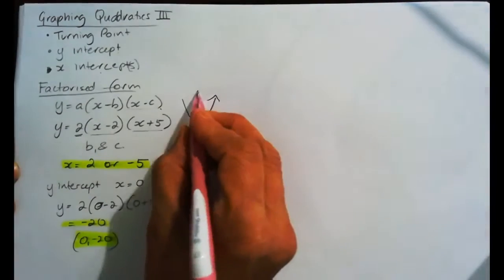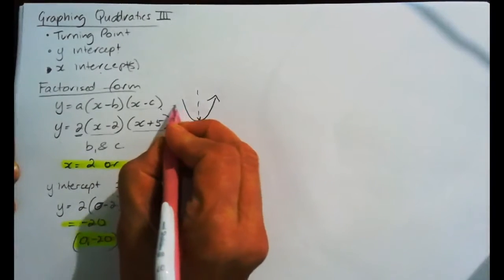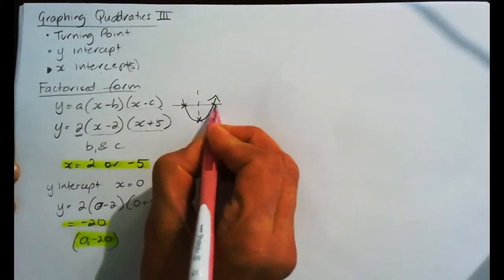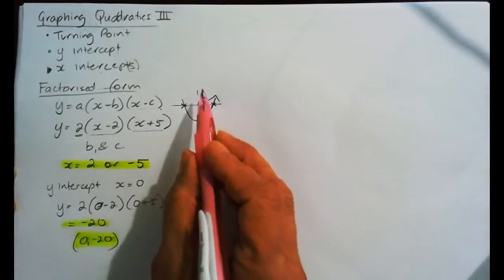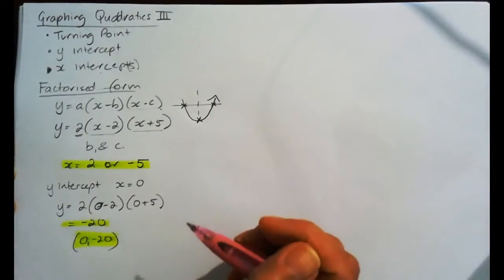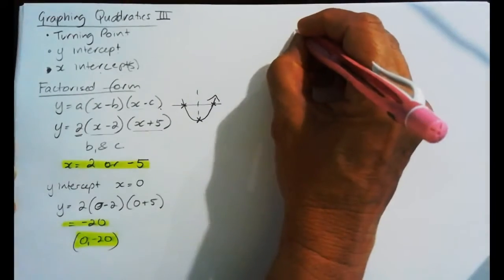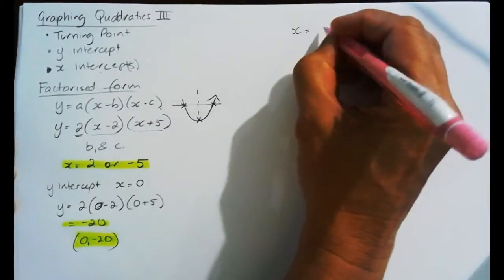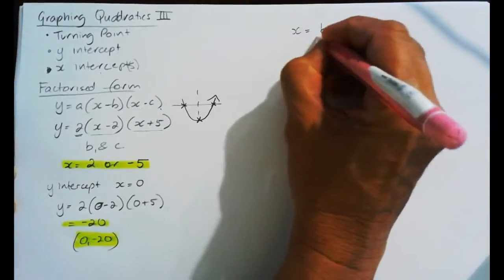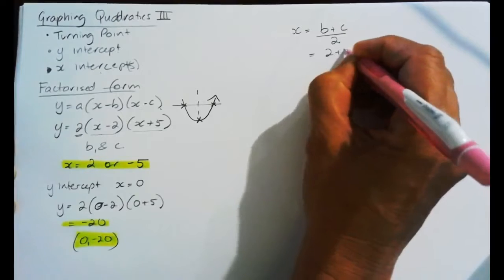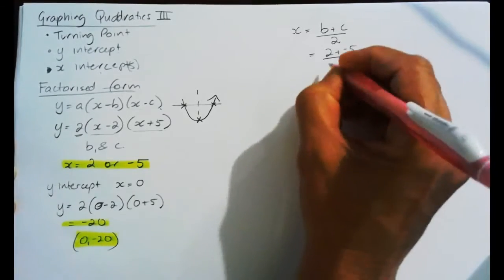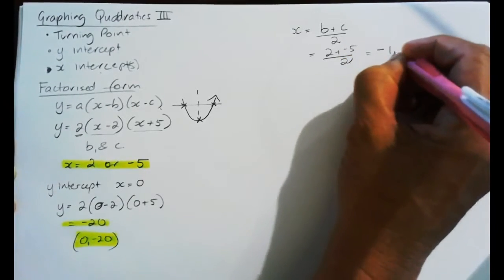But don't forget that it's our axis of symmetry. So if there are our two x-intercepts, then the x-coordinate on our axis of symmetry is going to be midway between those. So we know that the x-coordinate of our turning point is going to be halfway between B and C. So that's 2 plus negative 5, divided by 2, which gives me negative 1.5.